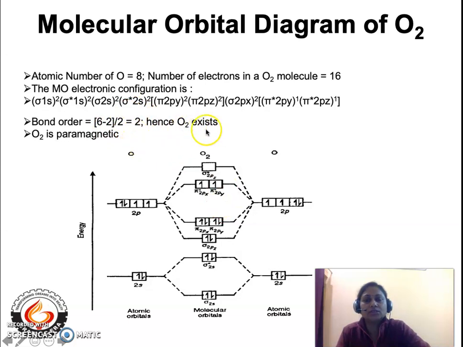So the oxygen molecule is stable and there are 2 bonds between the 2 oxygen atoms, and oxygen is paramagnetic because there are unpaired electrons.